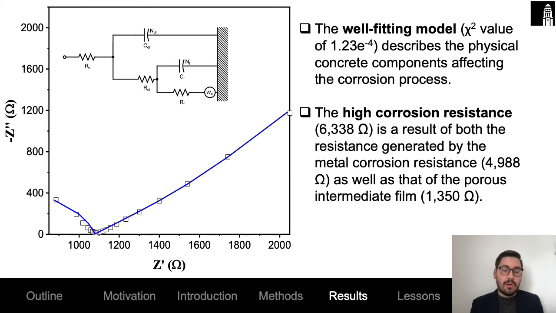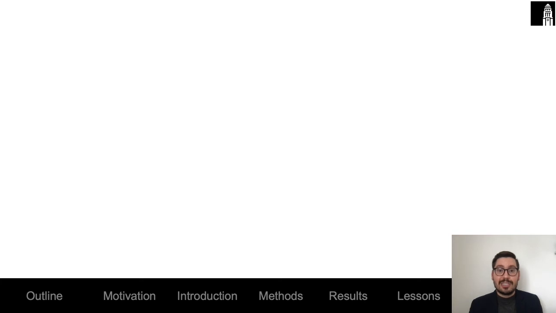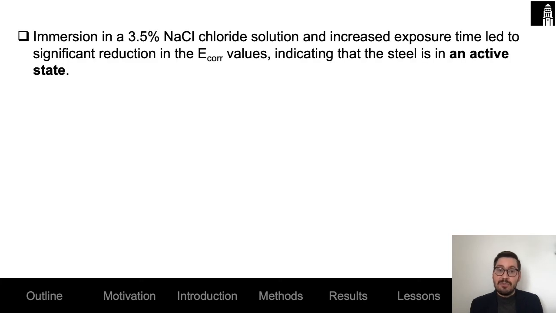From this model and hypothesis, we can understand that the high corrosion resistance that we observe is a composite of two main physical entities. One is the metal corrosion resistance of the reinforcement, and the other is the impedance of a porous intermediate film.